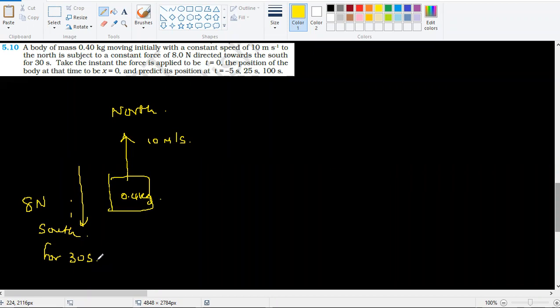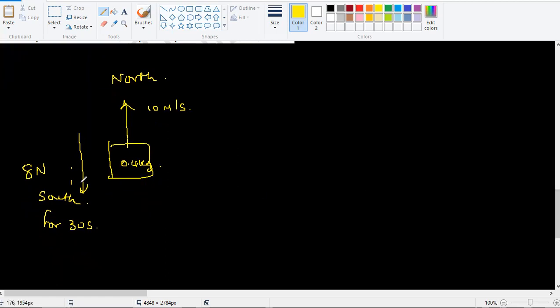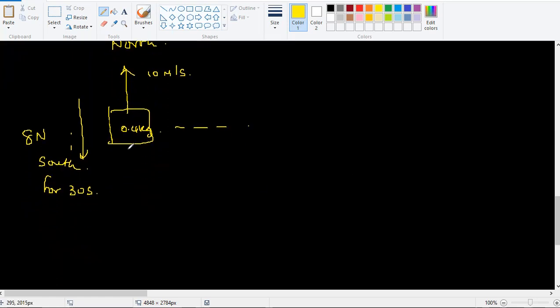So -5 seconds means before you apply the force, right? So before you apply the force, 5 seconds before that, where should it be? Let's say you are applying the force in this position. So before 5 seconds, this object should have been somewhere here.